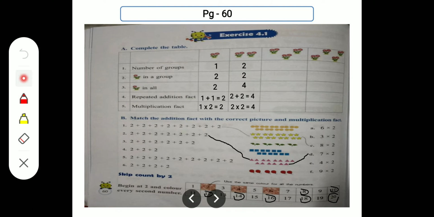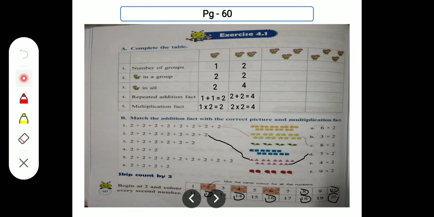Now B. Match the addition fact with the correct picture and multiplication fact. Number 1 is done. 2 plus 2 plus 2 plus 2 plus 2 plus 2 plus 2 plus 2. So how many times 2 are there? 1, 2, 3, 4, 5, 6, 7, 8. 8 times.